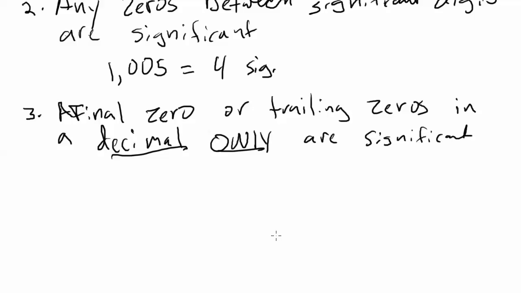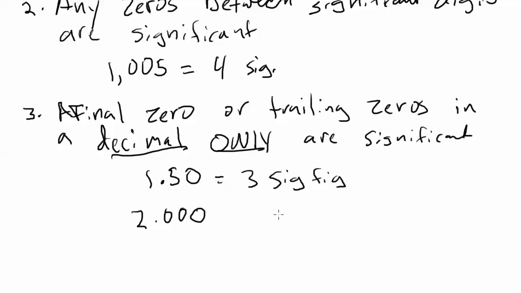So if you have 1.50, that number has 3 significant figures, because a final zero in a decimal is significant. If you had 2.000, that would be 4 significant figures, because trailing zeros in a decimal are significant. Those 3, because they come at the end, one right after another, are trailing zeros, and they are all significant.